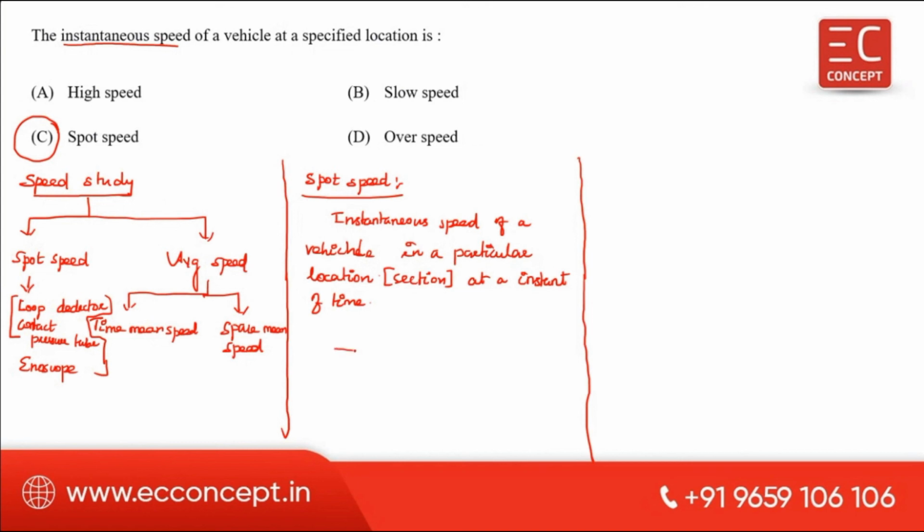For example, there was a road stretch. Let us take a section XX. In this particular section, at an instant of time, what is the speed of a vehicle? That is spot speed. The second one is average speed.